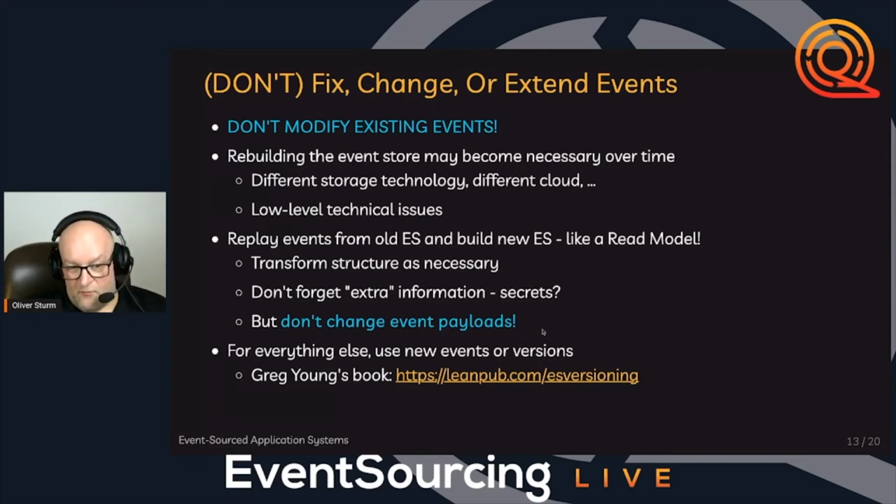For everything else, it says here, use either new events or versions, right? There is a book that Greg Young is writing, ES versioning. I recommend having a look at that if you've not seen it so far.